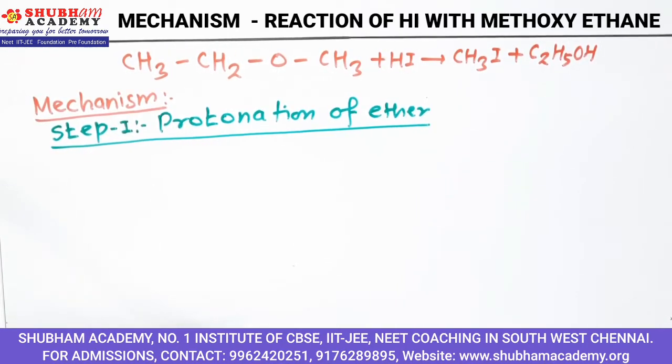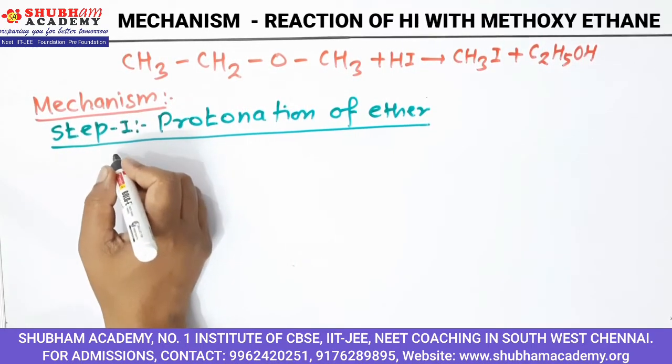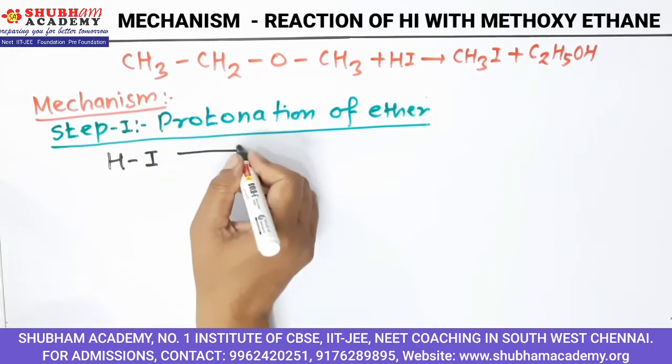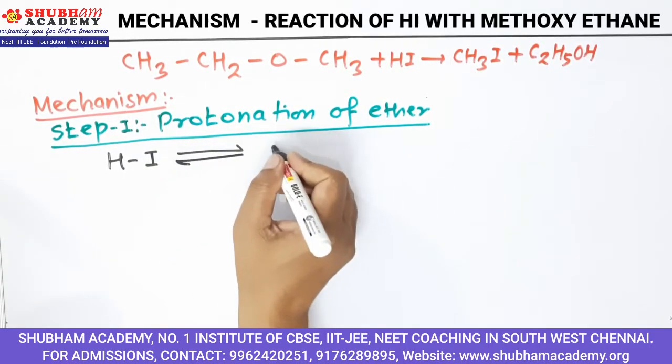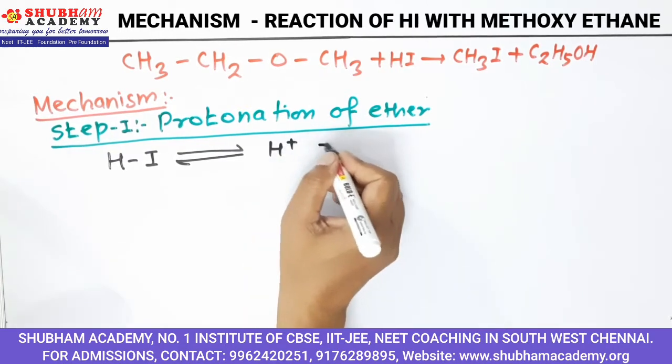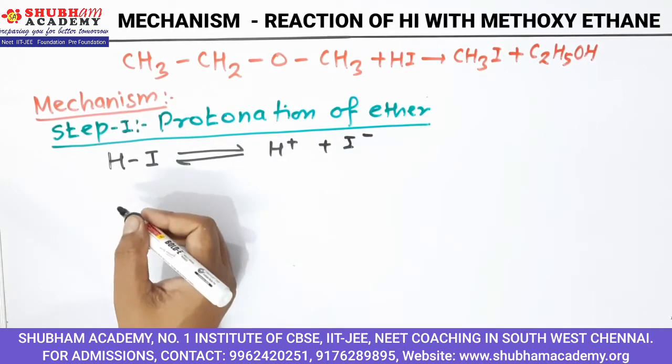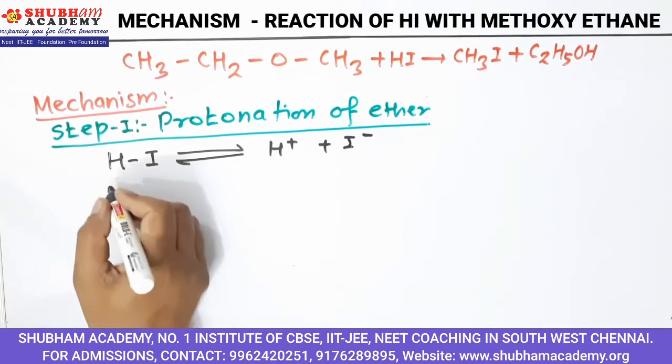So the first step is protonation of ether, right? So this HI first ionizes to H+ and I-, right? This H+ combines with the lone pair of electrons present on oxygen.